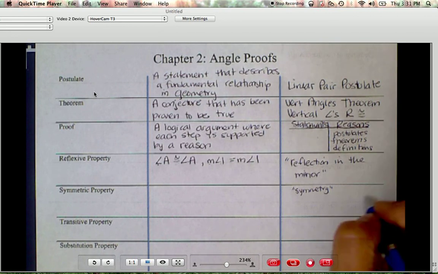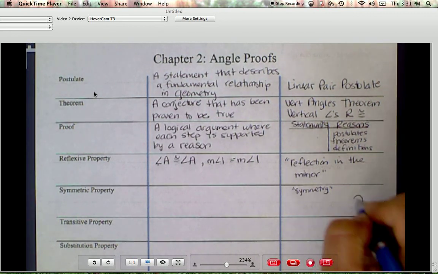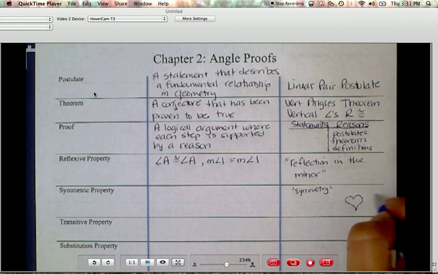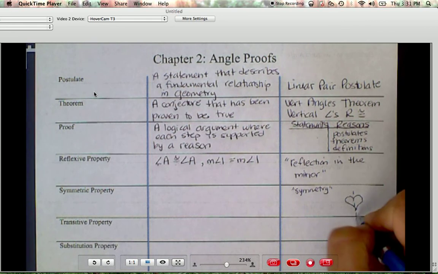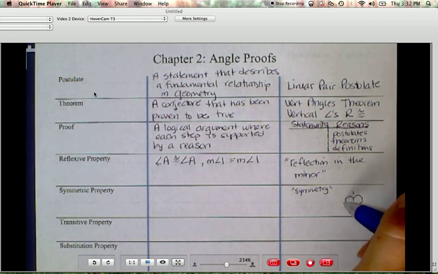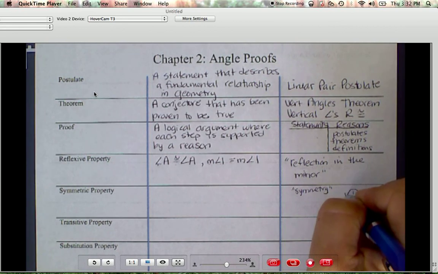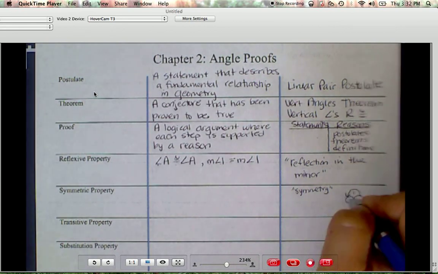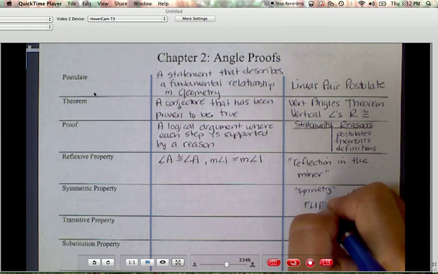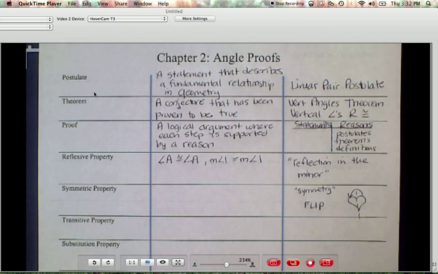All right, something like a heart has symmetry because you can draw a dotted line down the middle and flip it over or fold it over on itself and it'd be the same on both sides. So this is what I want you to think about. You could flip it over onto itself and then both sides would be exactly the same.